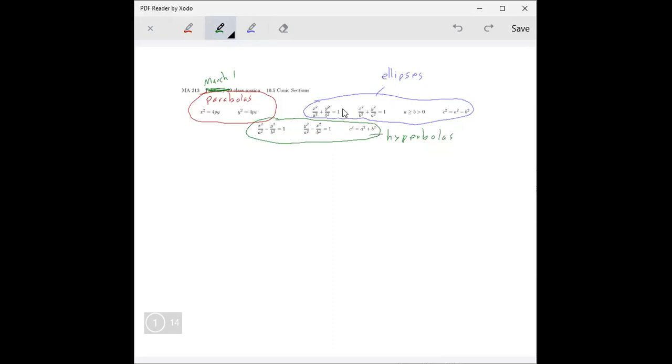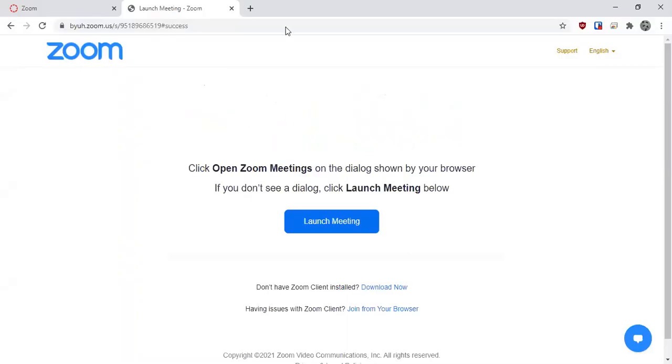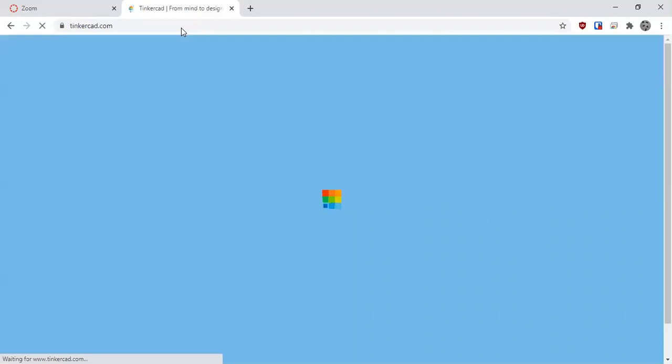Okay, so I wanted to do a little thing in Tinkercad just to show you what this looks like. It'll take me a while to get to it. Tinkercad.com.